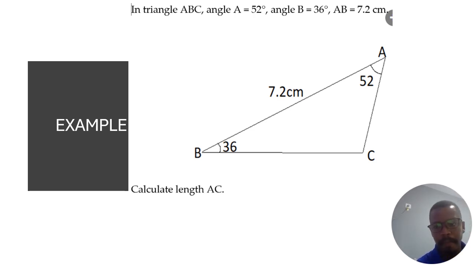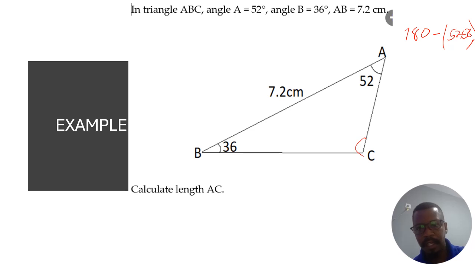And if you are given an example like that one, you see they have just given you A, B, C. These are angles. Okay? It's good to find even the third angle. So for you to find the third angle, angle sum in a triangle: 52 plus 36. Okay? Angle sum of a triangle.